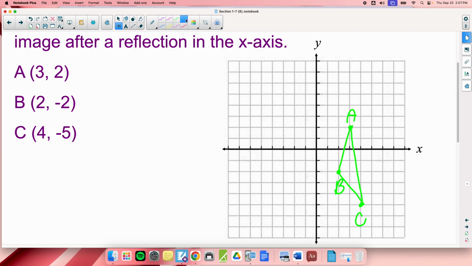If you don't want to use the rule that I just had you copy down, what you do is start at A. We're going over the x, so you count straight down to your x, 1, 2.